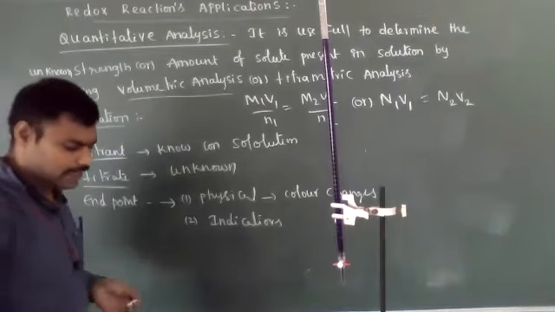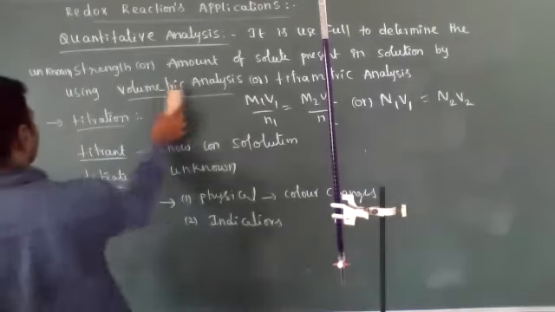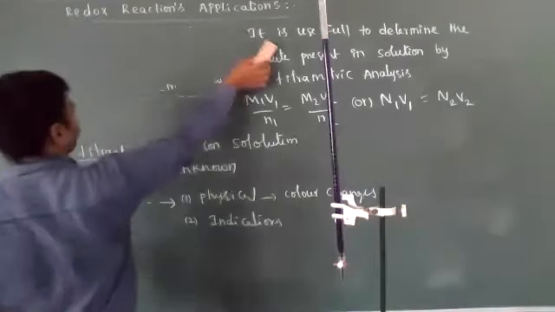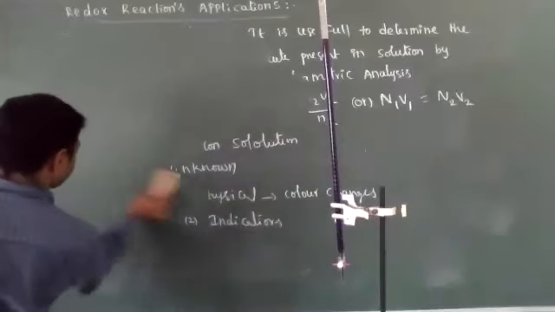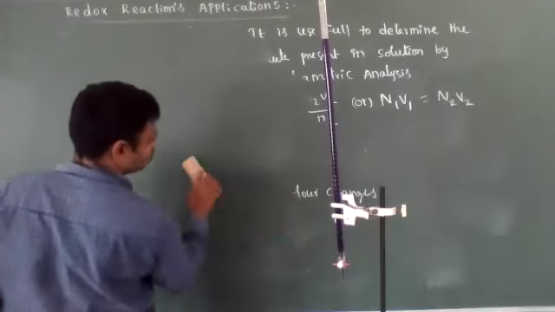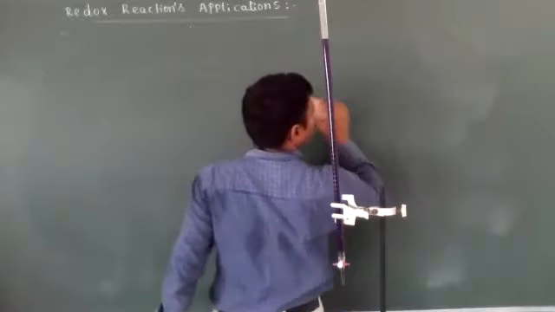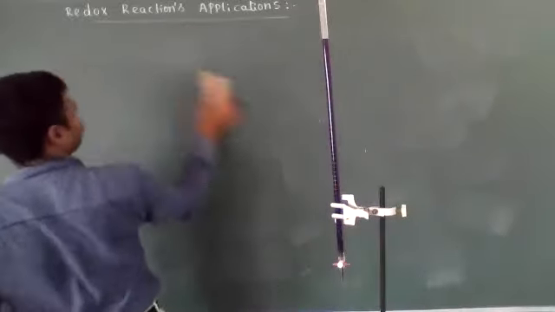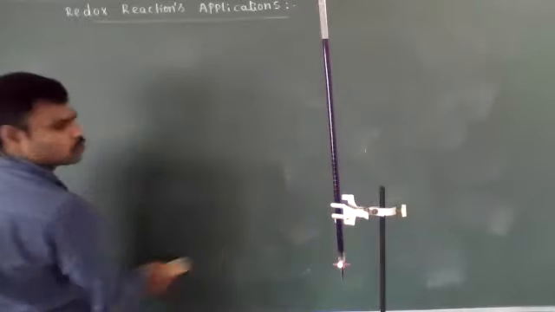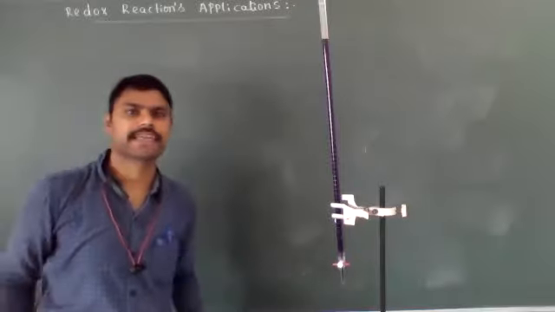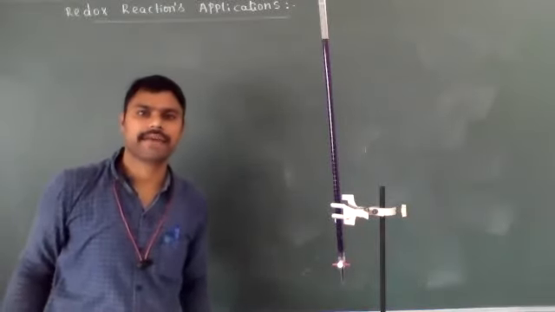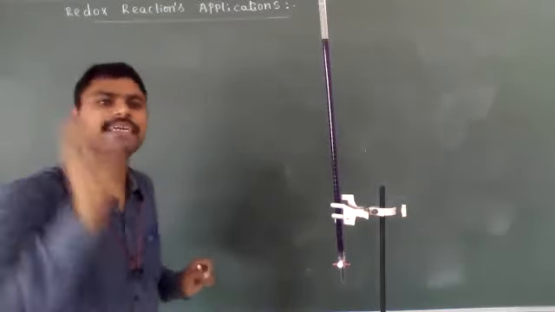In this quantitative or volumetric analysis, what are the important indicators we are using? To identify the end point. Sometimes the end point physically appears, so no need to use any indicator, especially in redox titrations. But in acid-base titrations we must use indicators.